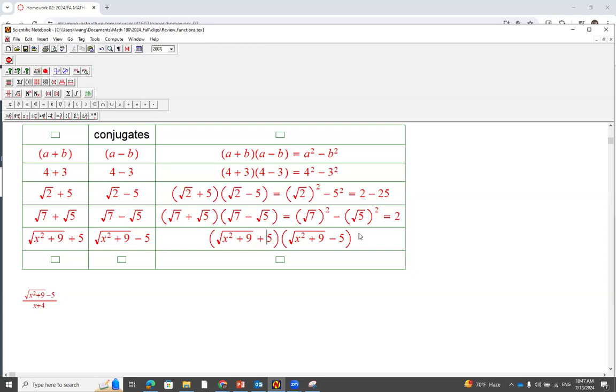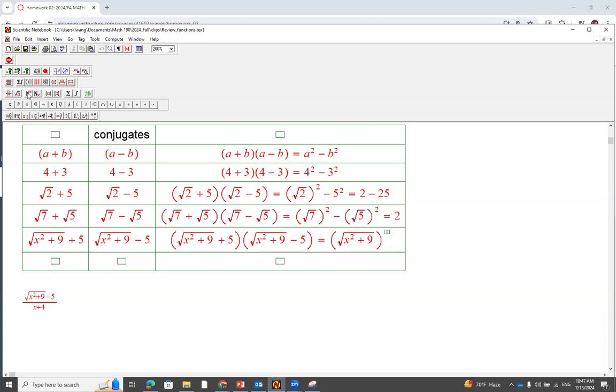One is a plus, one is a minus, and that would equal x squared plus 9, a squared, minus 5 squared.